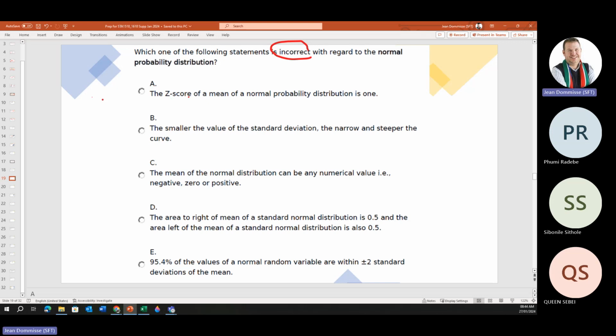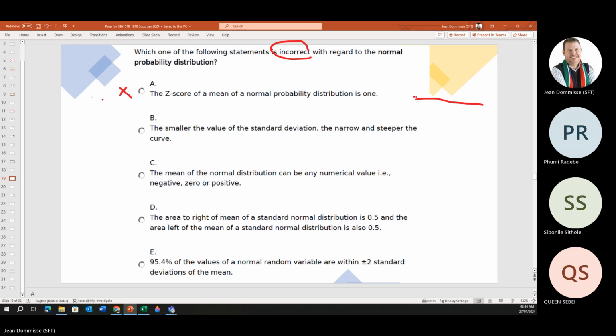The z-score of a mean of a normal probability distribution is 1. Okay, this already doesn't feel right. A z-score of a mean of a normal probability.